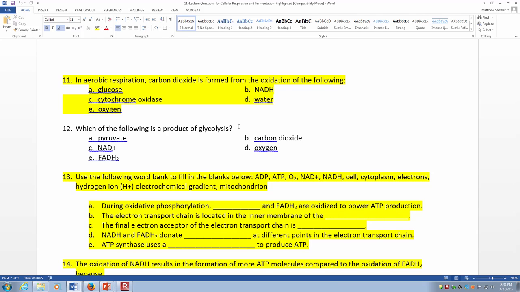Water is the electron donor in photosynthesis. Glucose. Right, glucose. So ultimately the electrons are coming from glucose during aerobic respiration, and those electrons stripped from glucose are going to be given to either NAD plus or FAD, depending on what part of aerobic respiration. Because everything's in glucose, right?